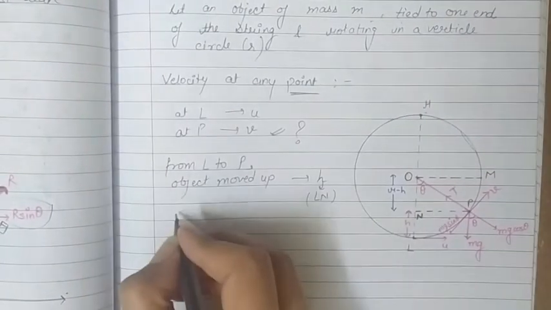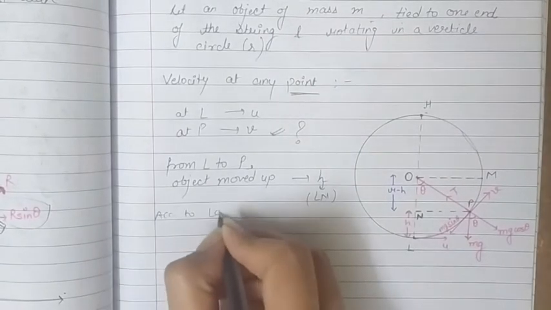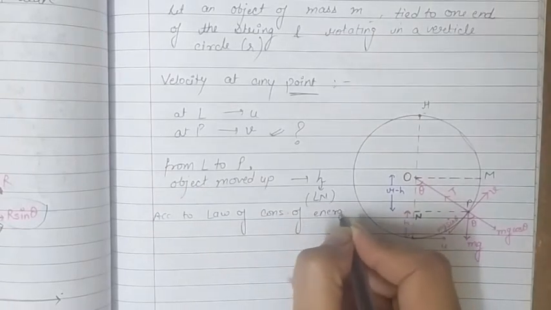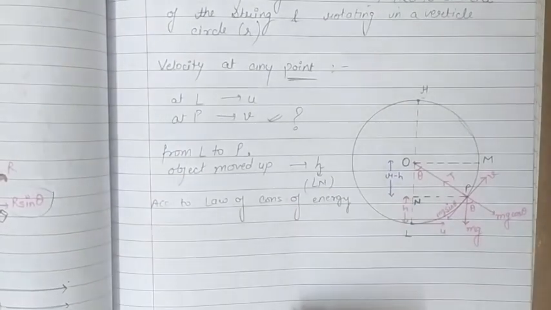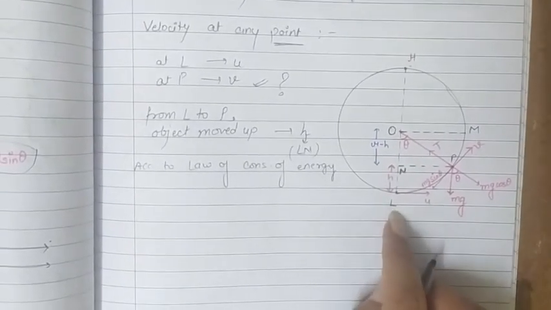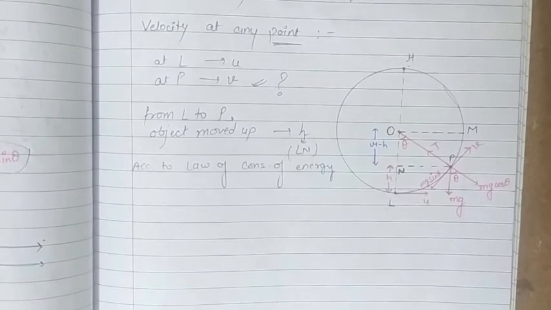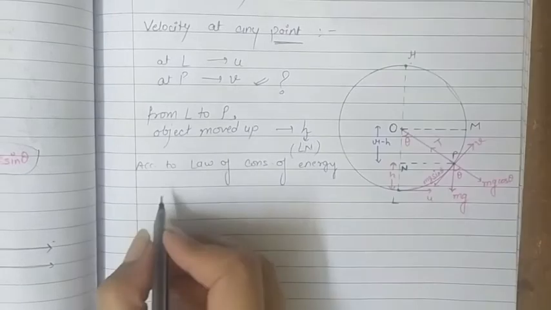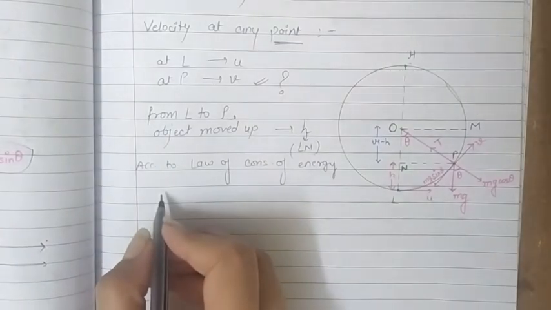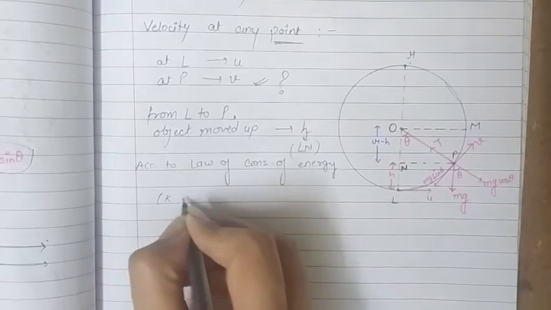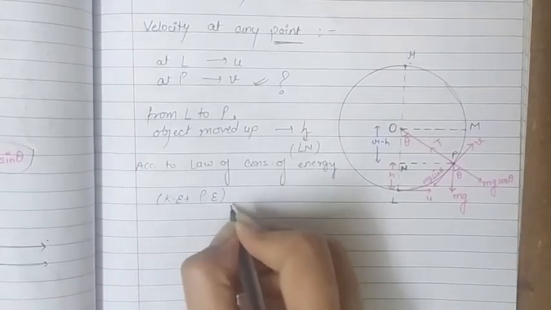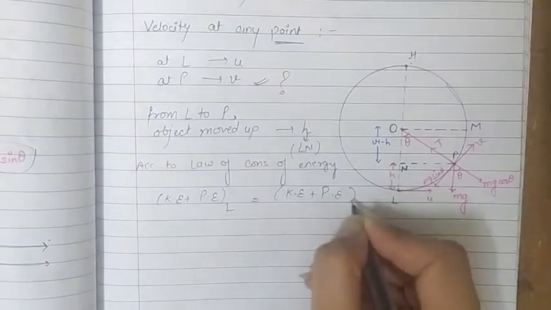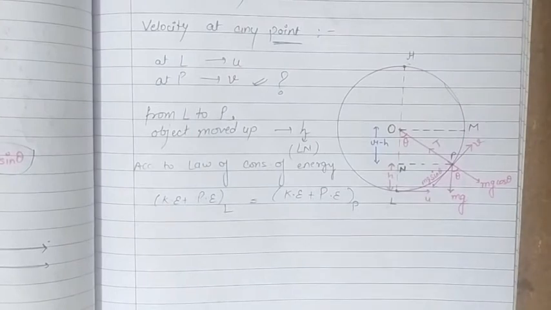Now according to the law of conservation of energy, at every point the total energy of the object will remain the same, and this total energy comprises its kinetic energy plus its potential energy. So total energy of the object at L, that means kinetic energy plus potential energy at L, will be equal to kinetic energy plus potential energy at P. This is according to the law of conservation of energy.